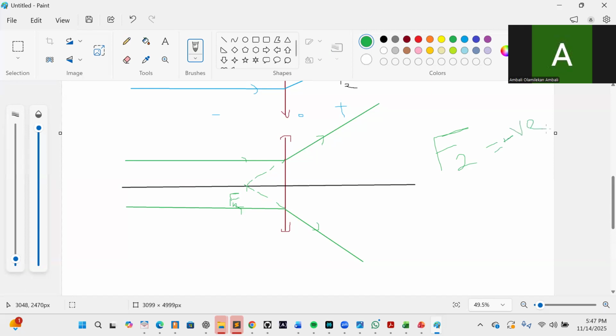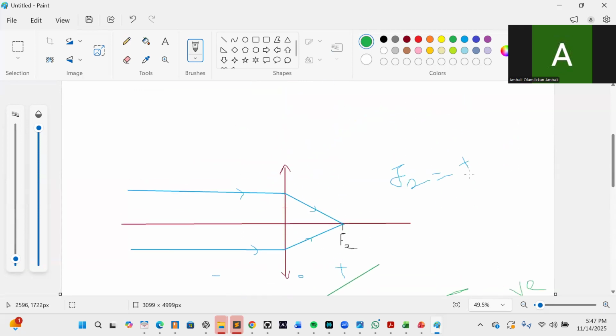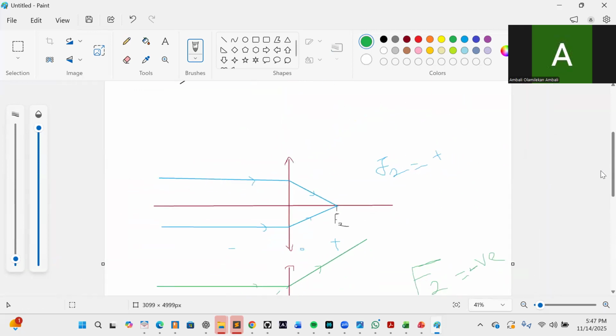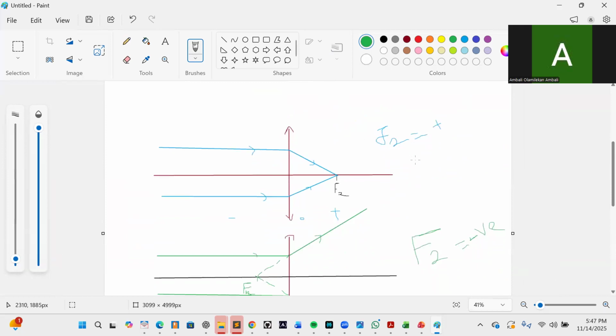Since the F2 is positive for a convex lens, convex lenses are called plus lenses. Can you imagine? It's because the F2 is positive. And the F2 is negative for a concave lens, so they are called minus lenses.